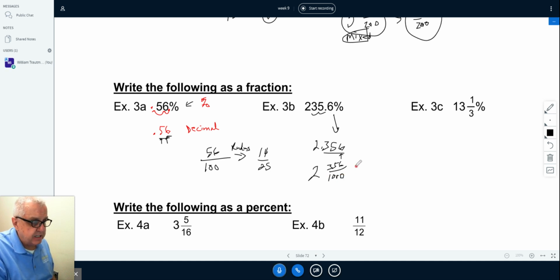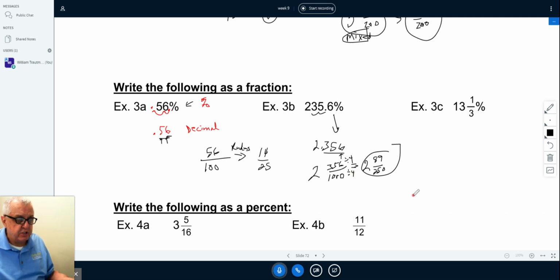I put that in, then I'm just going to put 0.356 in my calculator and hit the FD button, and it's going to give me 89 over 250. So the calculator reduces the fraction. You see, these both divide by 4. The calculator reduces the fraction for you.